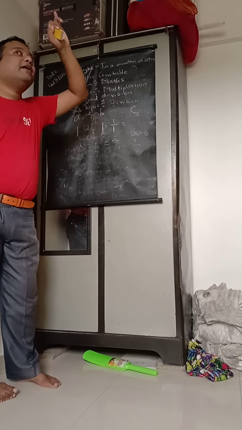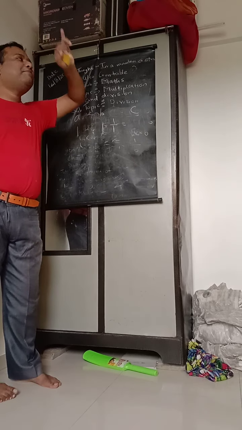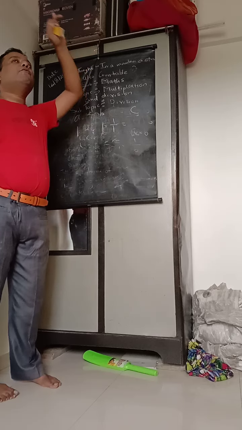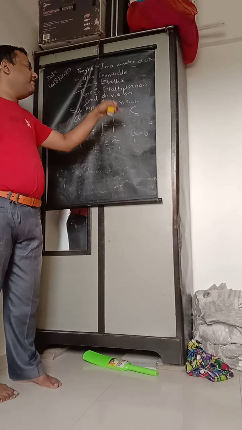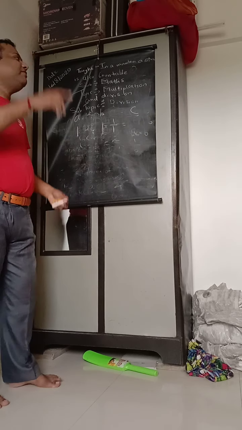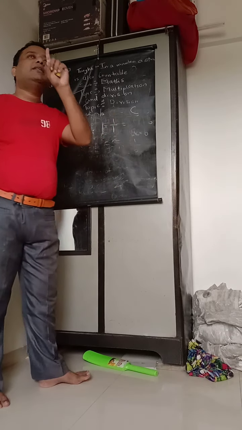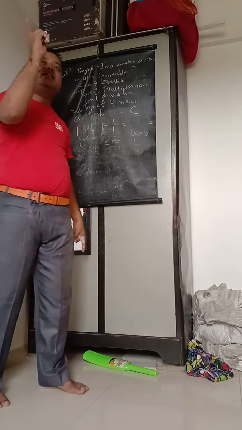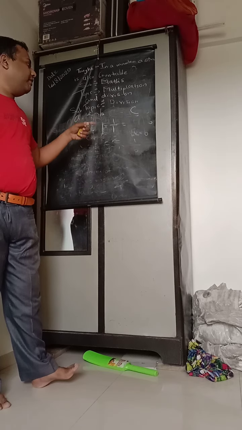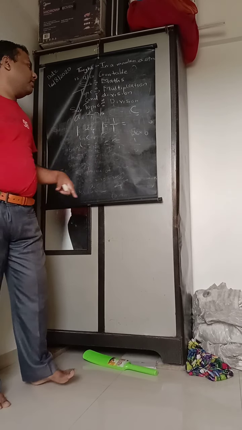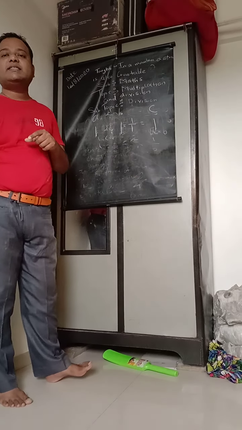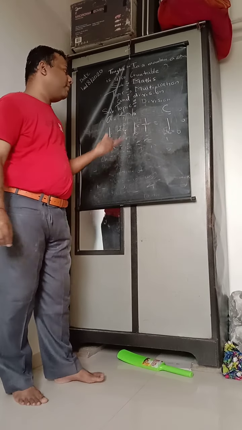When any number is divided by 1, the answer is that number only. In multiplication also we saw that any number multiplied by 1 gives that number only. In division also, any number divided by 1, the answer is that number only. So 1 divided by 1, answer is 1. This is the property we have seen.